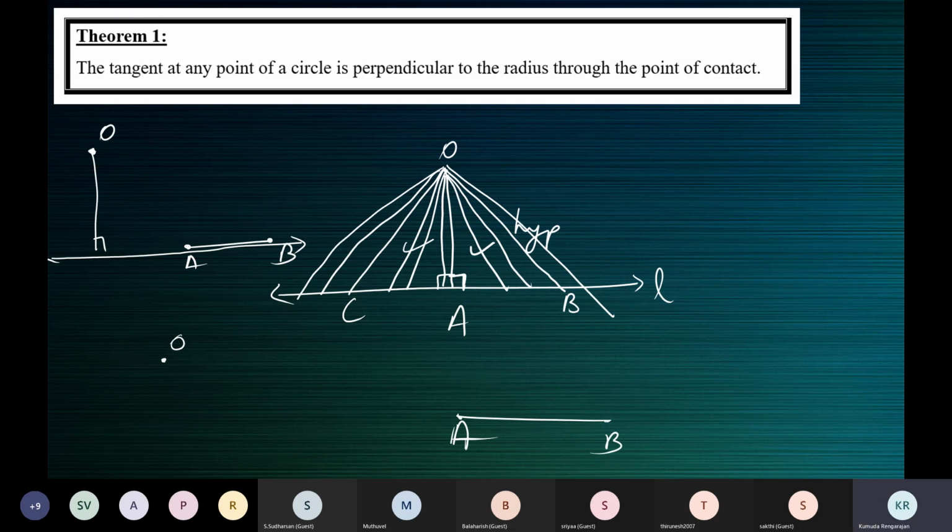Not possible. You cannot draw a perpendicular from any point O to some given line segment AB. We're talking about a point and a line.